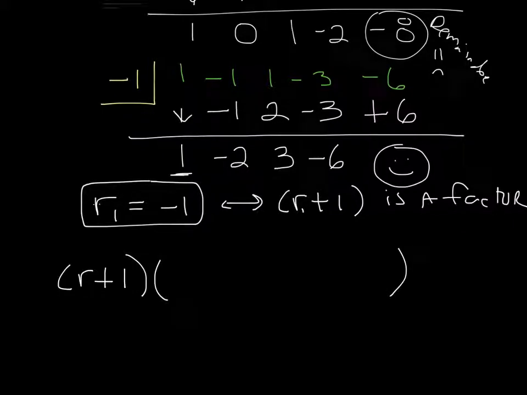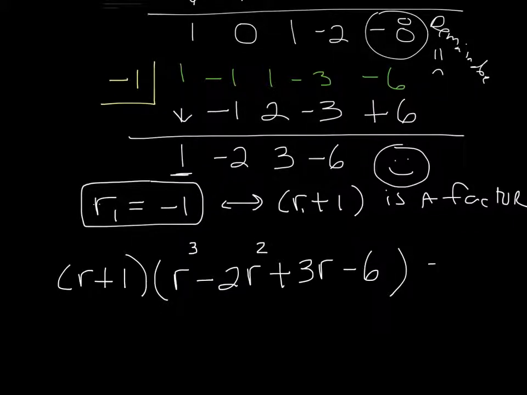Well, I started with the 4th degree, so this is going to be r cubed minus 2r squared plus 3r minus 6. Okay, so we have our first root, but we can't use the quadratic formula yet. Why? Because this is not a quadratic. If the r cubed wasn't there, then this would be a quadratic expression.